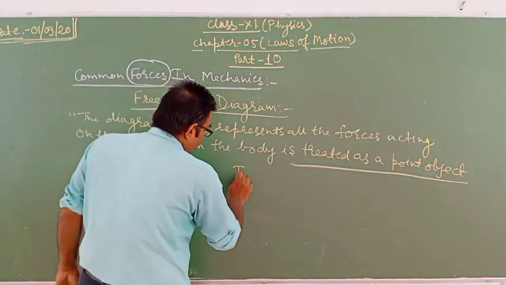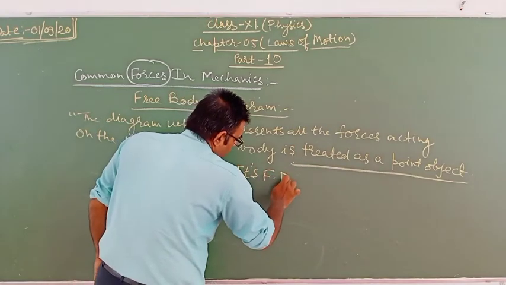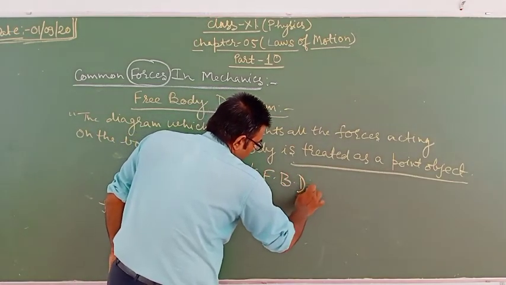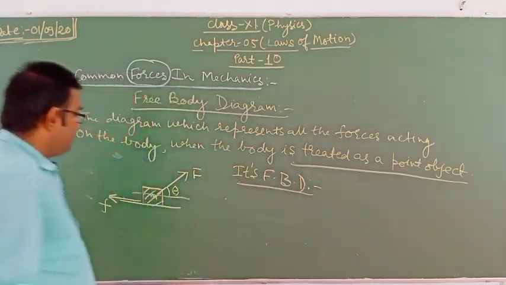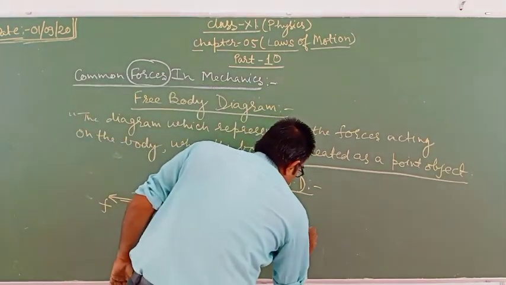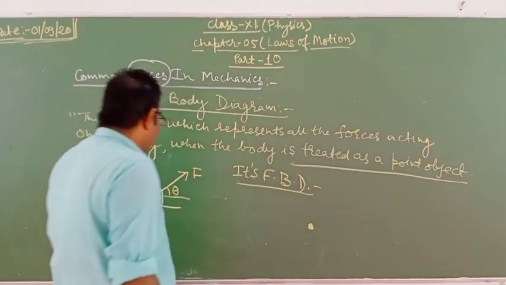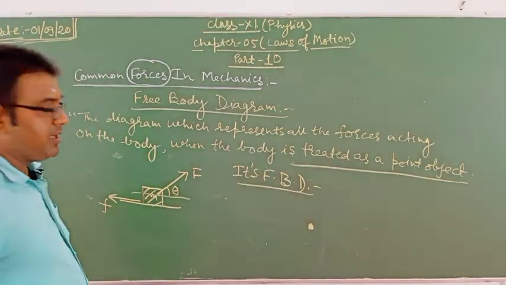Its free body diagram, FBD, can be represented as follows. Suppose this is the body of mass m and we have considered it as a point object.